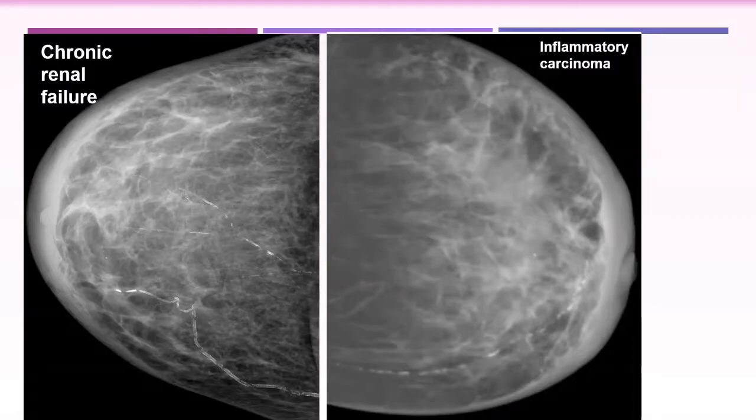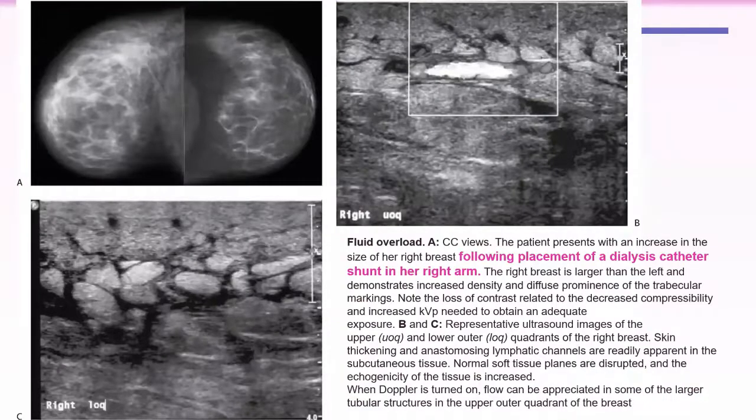And this is an example of fluid overload. The patient had a dialysis catheter inserted in her right arm, a catheter shunt, and immediately she developed edema in the ipsilateral breast. Here the cause is obvious. It's fluid overload. They can remove the catheter and definitely it will resolve.